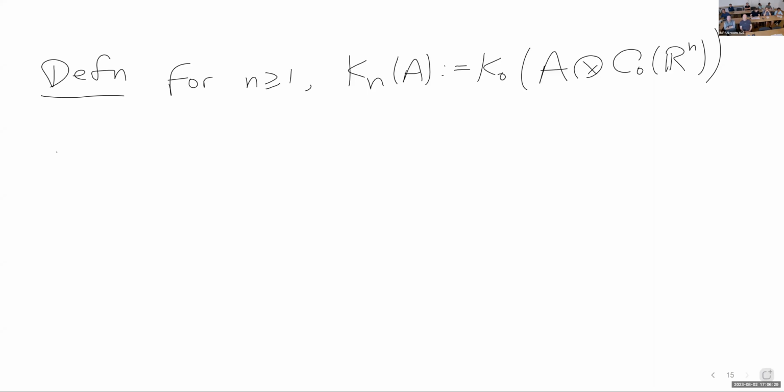The theorem is that if I have an ideal, then we get a long exact sequence.